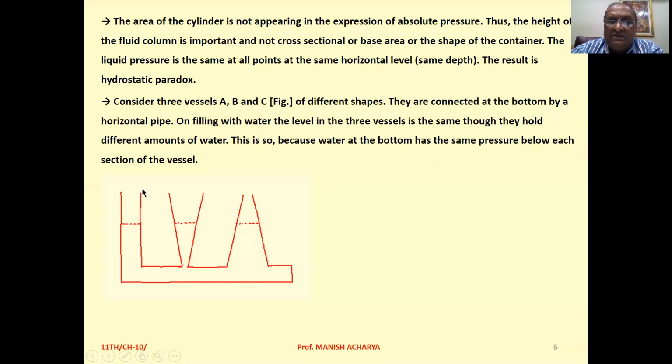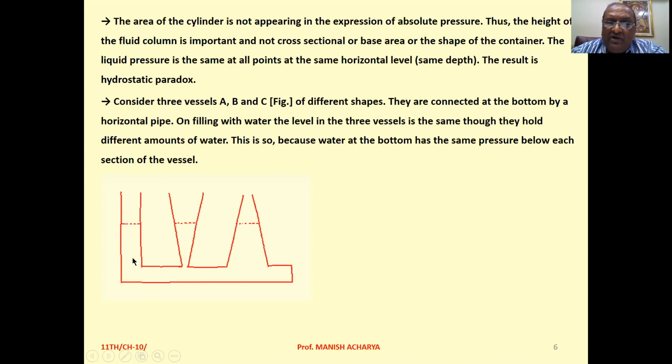Suppose, as shown in this figure, we take 3 vessels, 1, 2 and 3, or we can say 3 containers like these, which have different cross-sectional areas as well as different shapes. And all three containers are connected to each other at the bottom. Now suppose we fill water in any one container.